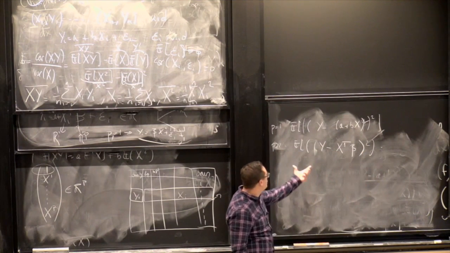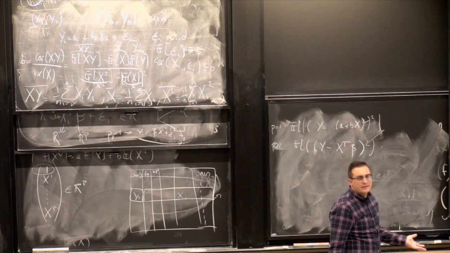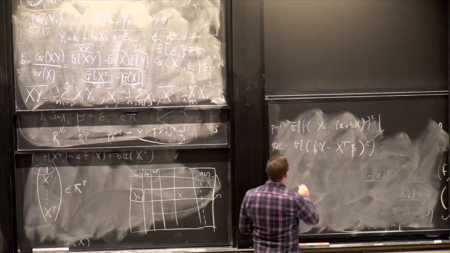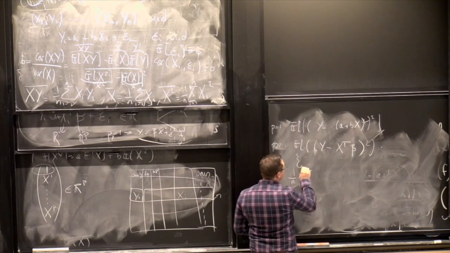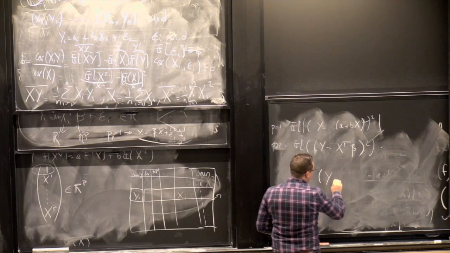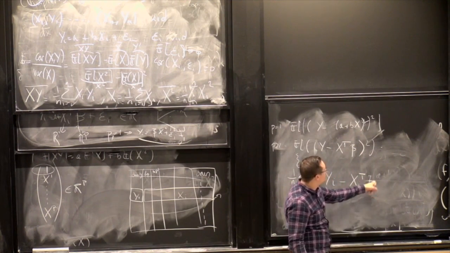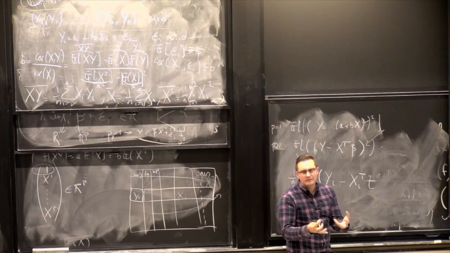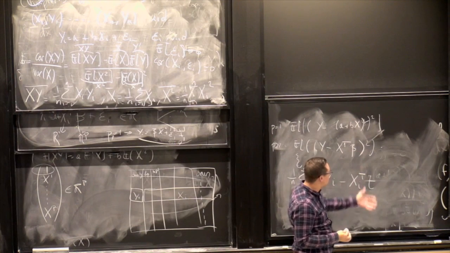So I'm just trying to minimize this quantity. Of course, I don't have access to the expectation, so I'm going to replace my expectation by an average. Here I'm using the notation t because beta is the true one, and here I have a variable t that's just moving around.